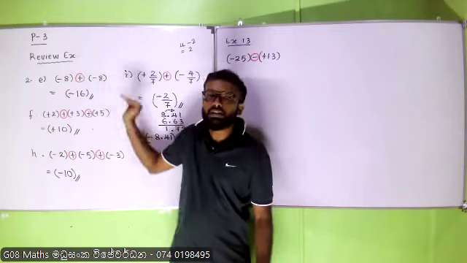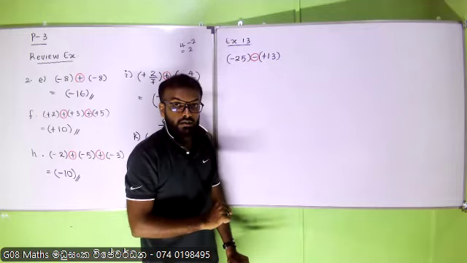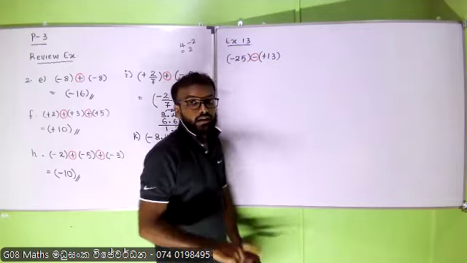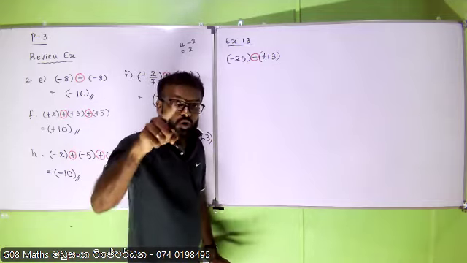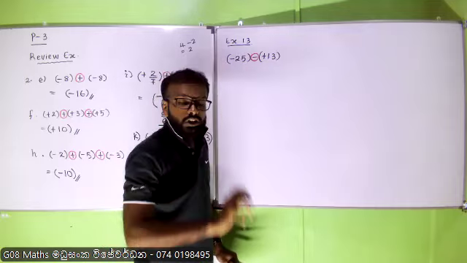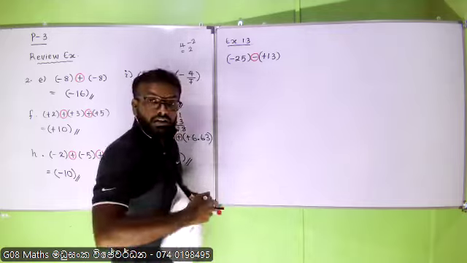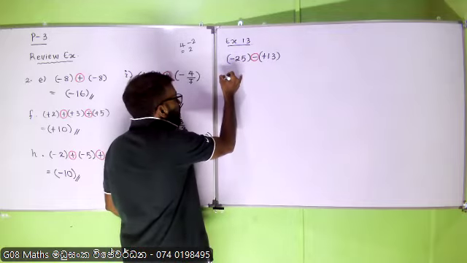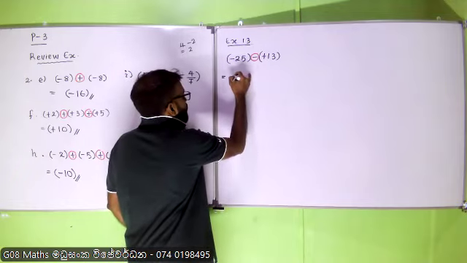You know how to do the addition, but you do not know how to do this. For that, you know something else. What is that? You know how to convert this negative sign into a positive sign. How? Additive inverse. So equal mark. First of all, you need to do that. This is negative 25.